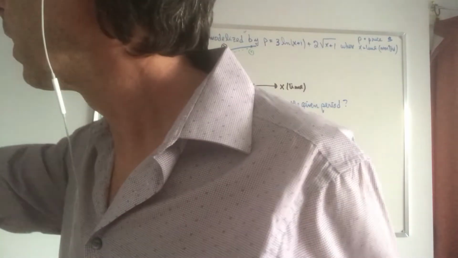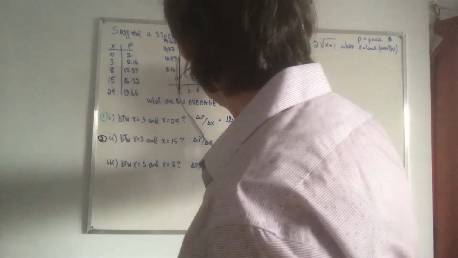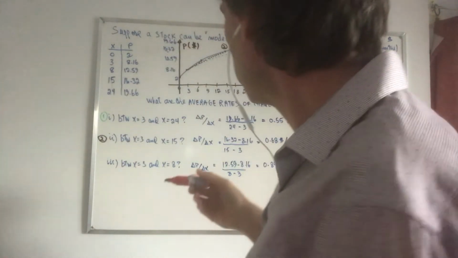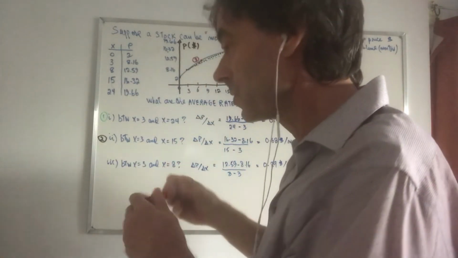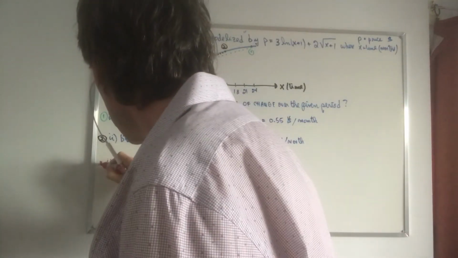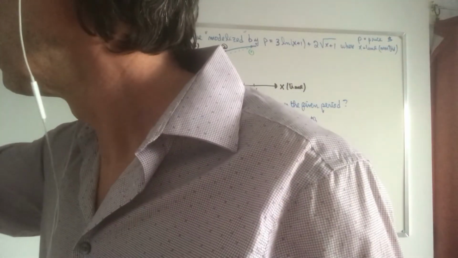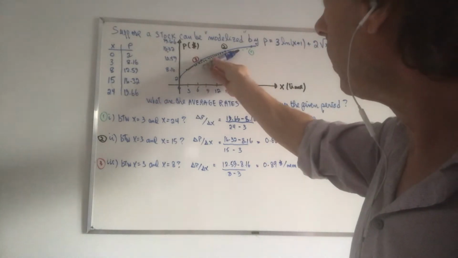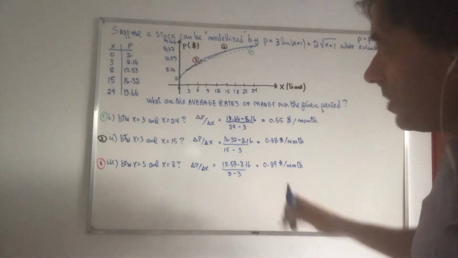And finally, I'm going to try this red thing, which hasn't been working for me of late, between 3 and this point. You can hardly see it. That is the third one right here. They're a little bit cramped together, but that's the nature of the beast. So you have a slope in green, then a slope in black, and a slope in red, and the slope in red is the steepest of all.